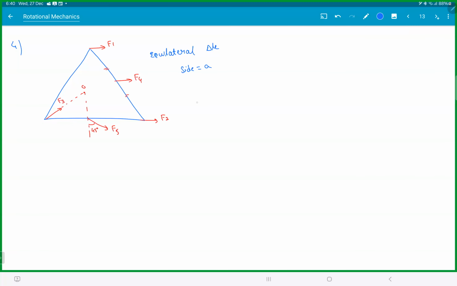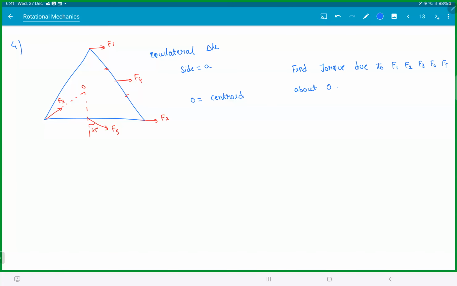O is the centroid. Find the torque due to all the forces about the centroid. Due to F1, F2, F3, F4, F5, about O. I'll show you one.